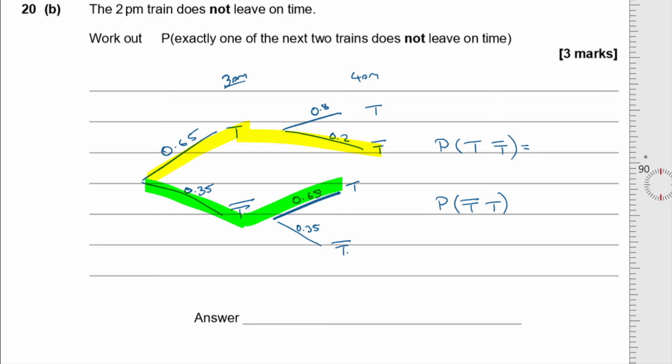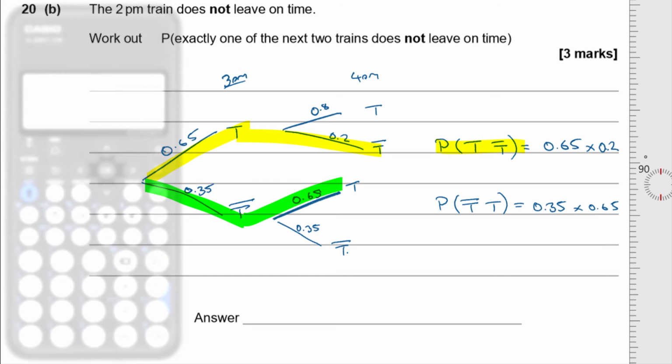So the first one, the yellow route, is going to be the probability of 0.65 that the 3 p.m. train is on time, times the probability of 0.2 that the 4 p.m. train is late. And the other one is a 0.35 chance that the 3 p.m. train is late, times 0.65 that the 4 p.m. train is on time.